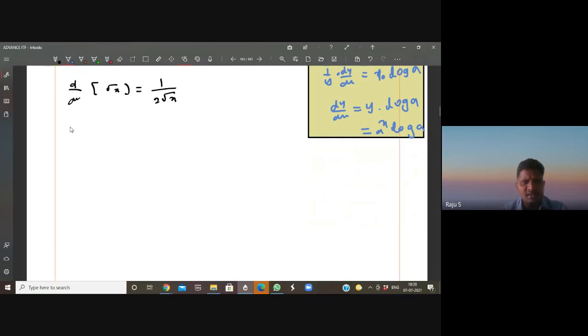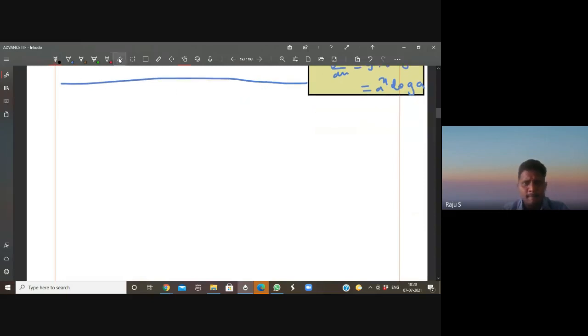Shall I write the trigonometric function derivatives, or is it not required? Okay, I think it's not required. Derivative of sin x is cos x. Cos x is minus sin x. Tan x is clearly secant square x.